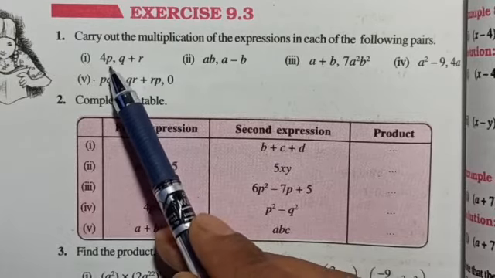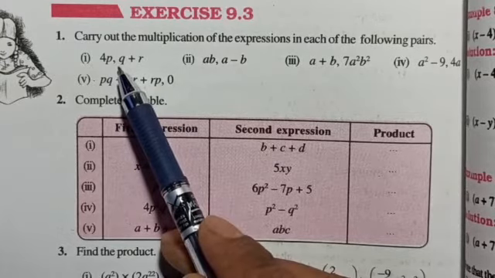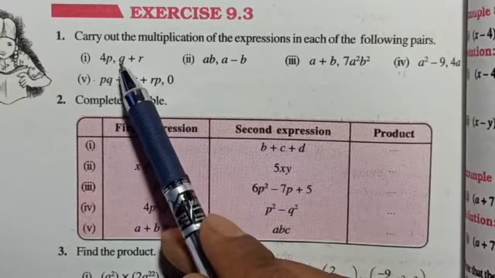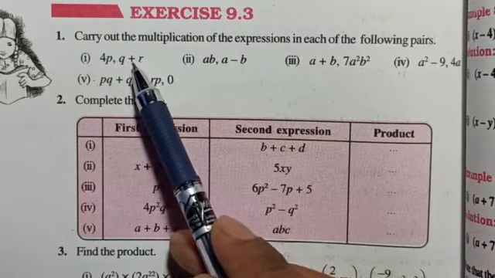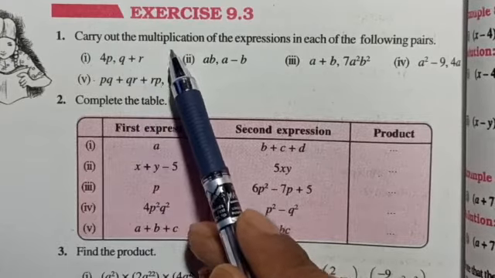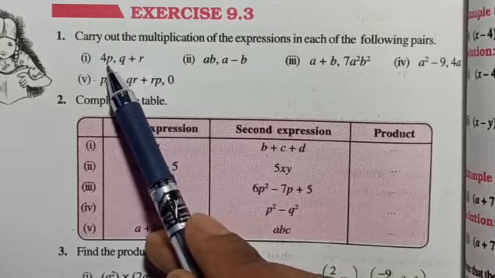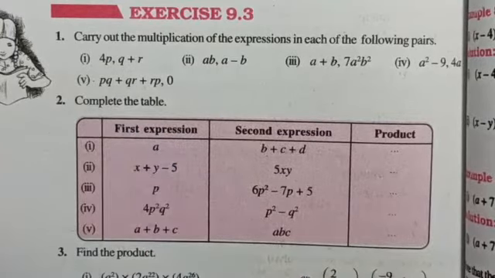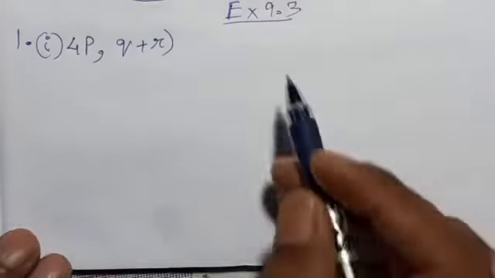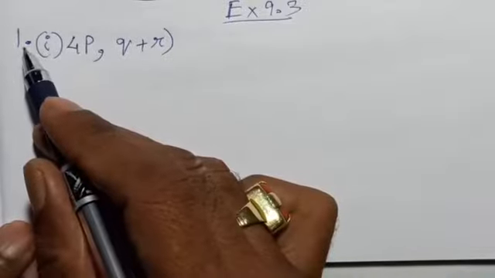So let us find out if we multiply these two, how much we will get. Carry out multiplication means we need to multiply these two expressions. So exercise 9.3, question number 1, Roman number 1.